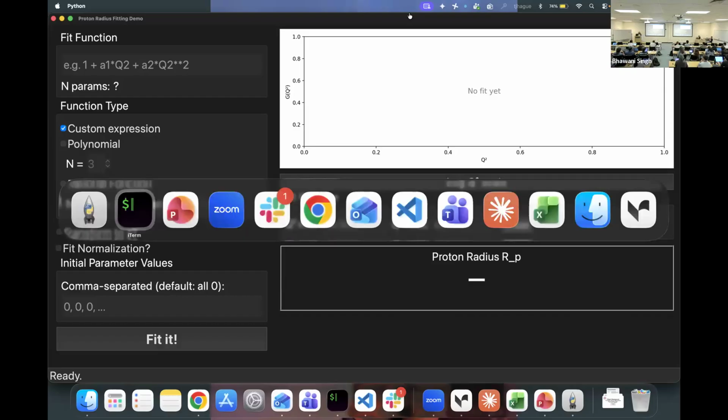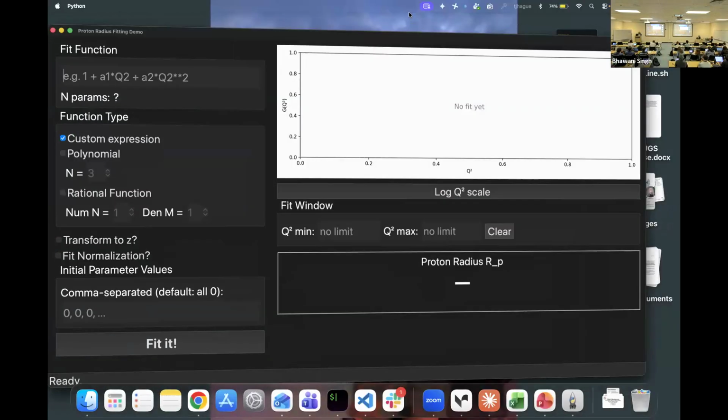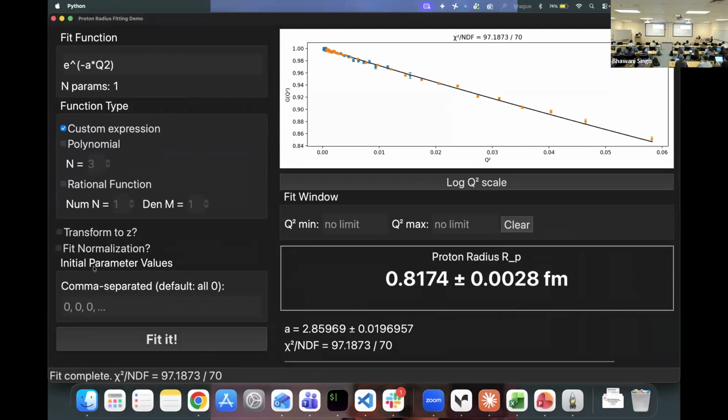Let me flip back there to see the data. We see a linear q squared, it's kind of like this, log q squared, it's like that. You had suggested a decaying exponential, so how about we try that? We can do e to the minus a times q squared and fit it.